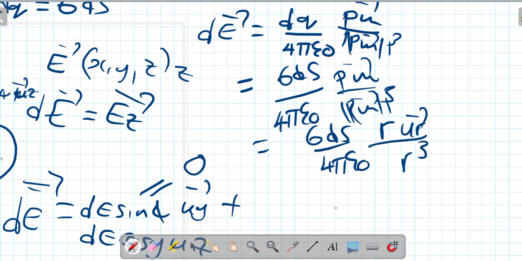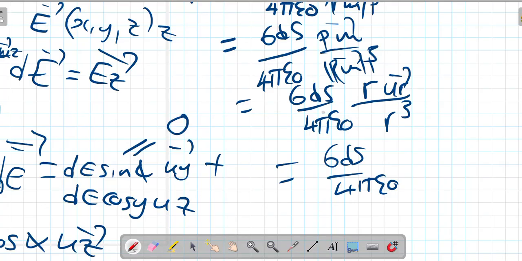This simplifies: one R cancels, remaining with sigma ds over 4 pi epsilon 0 times ur over r squared.